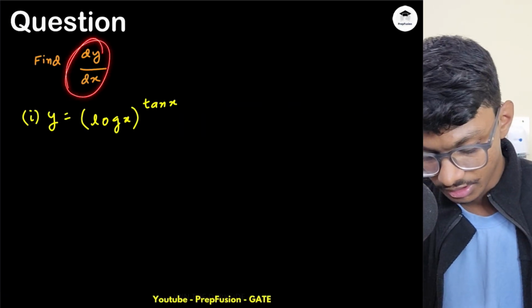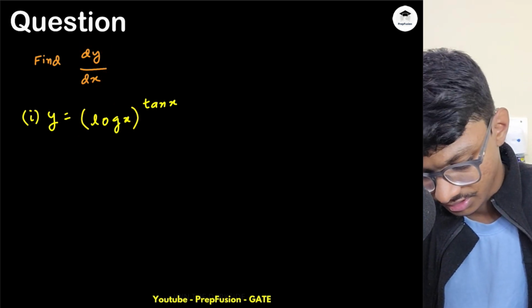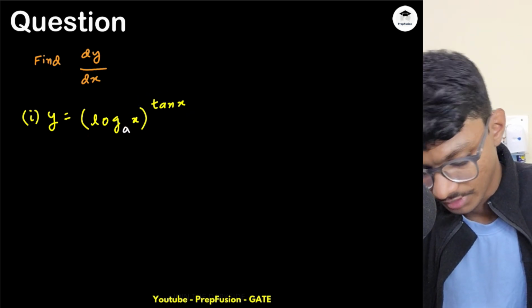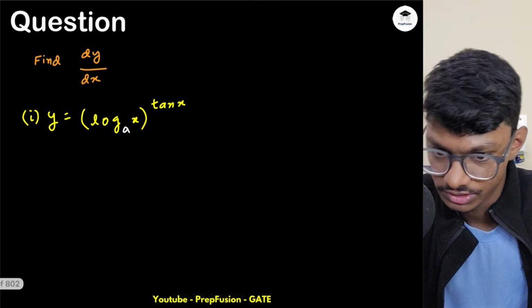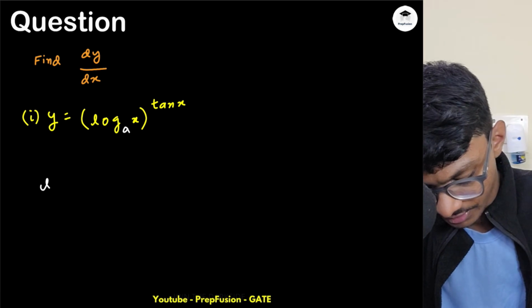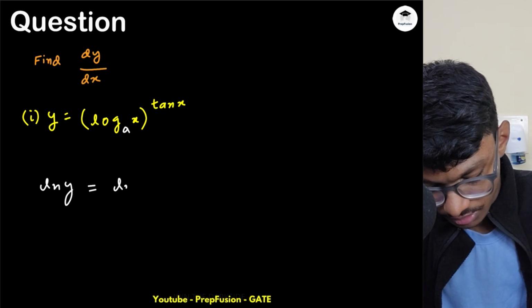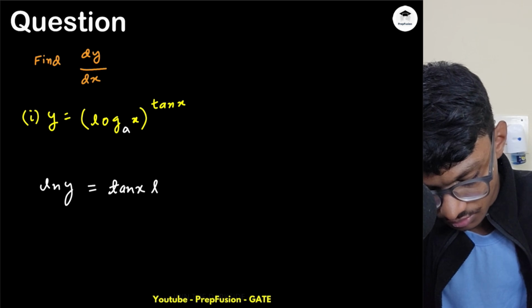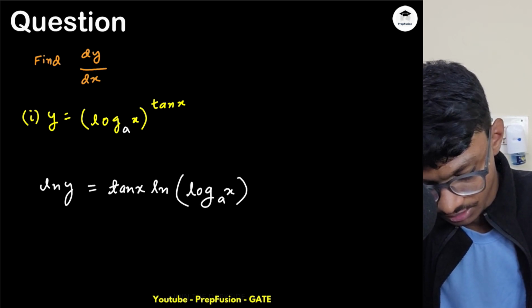So here we have been given dy upon dx, log of ax raised to power tan x. Let's name this as y, log of ax raised to power tan x. We have to find the differentiation, so first we'll take the log on both sides. This will be ln of y equals tan x into ln of log of ax.